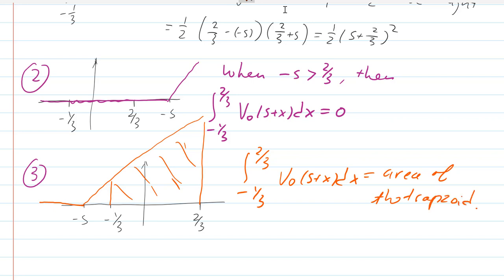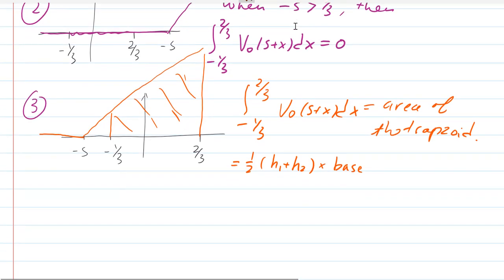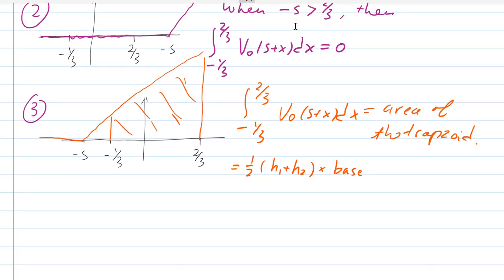And area of the trapezoid we can easily find, and that's just going to be 1/2. We have height 1, that's the h1 plus h2 over here, and multiplied by the base. Okay, so the average. So what do we have now?